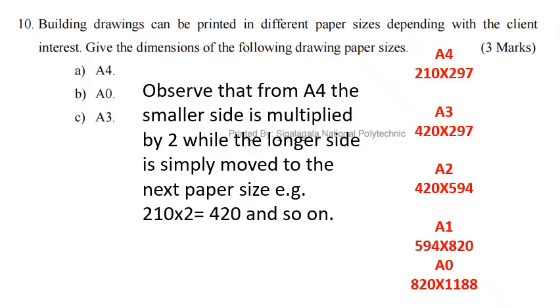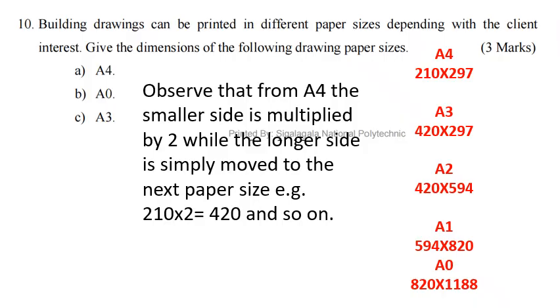We go to A2 paper size, which is the longer one up here. The longer one is 420. So just bring 420 down and then multiply the shorter side by 2, and that will give you 594. So that's A2. Going to A1, check for the longer side here, which is 594.